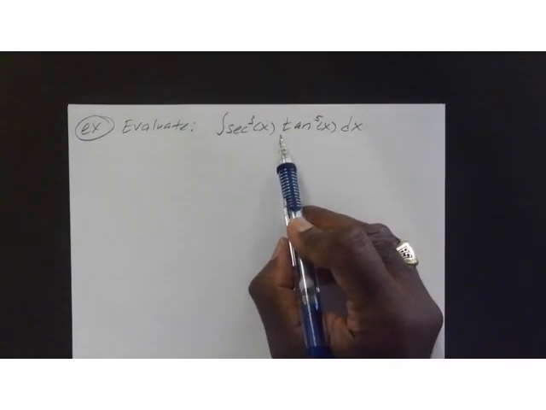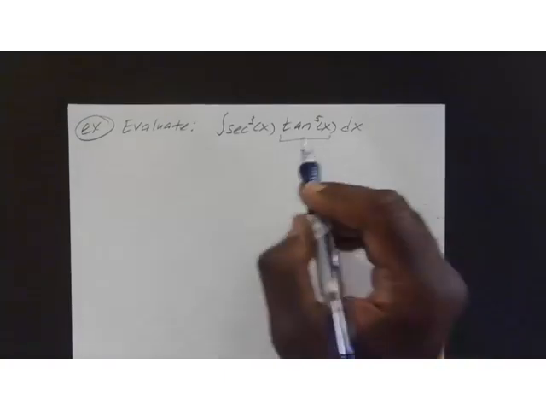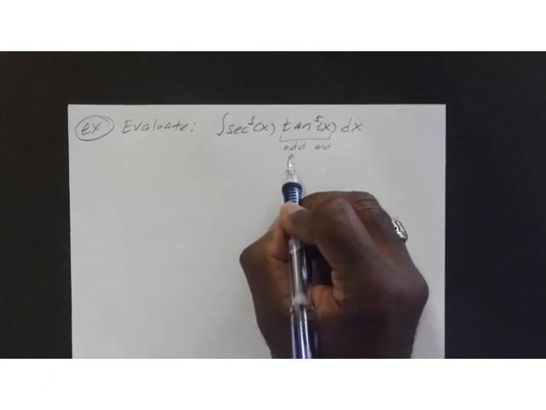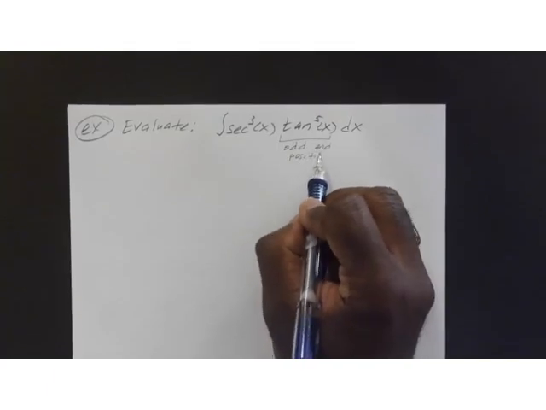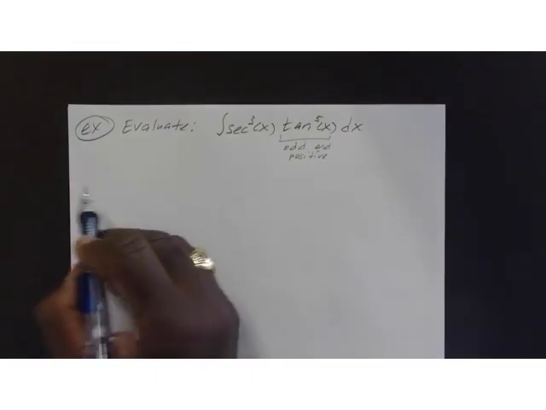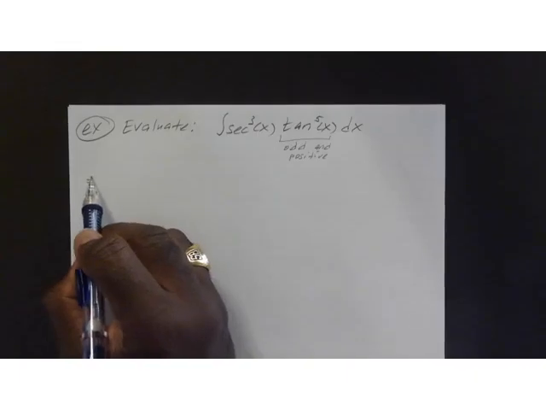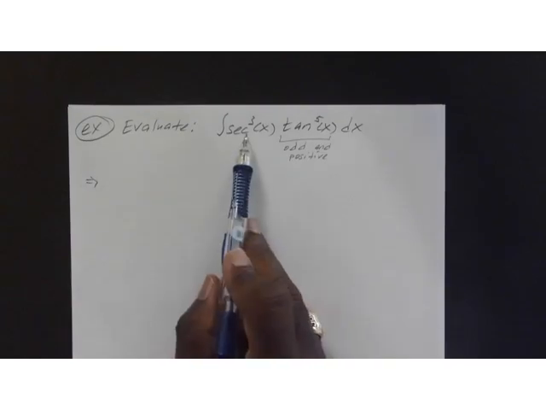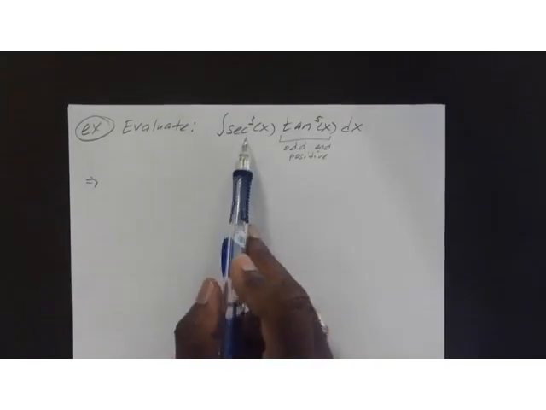Okay, we can see that our tangent exponent is odd and positive. So that means the first thing we're going to do is factor out the secant.